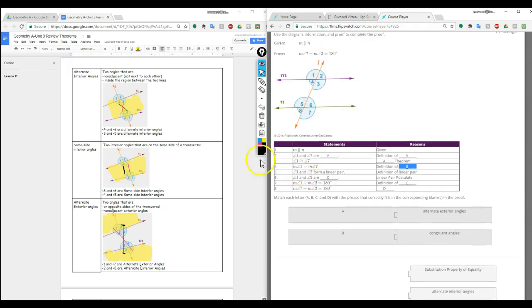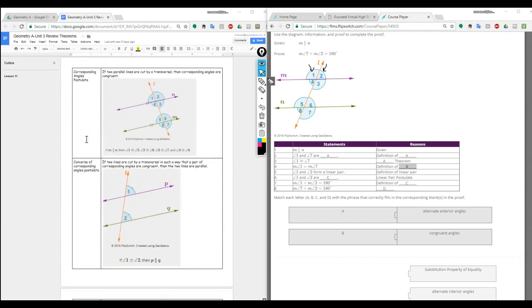And then it states that angle 1 and angle 2 form a linear pair. Definition of linear pair. Angle 1 and angle 2 are blank. Linear pair postulate. So I'm going to scan the notes for the linear pair postulate in this left-hand column.